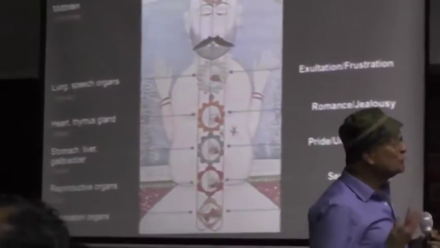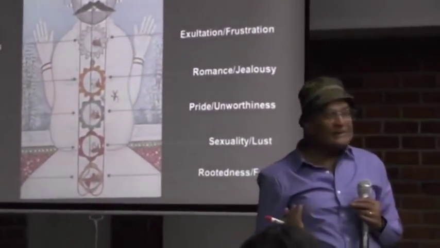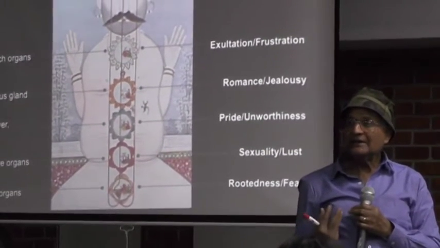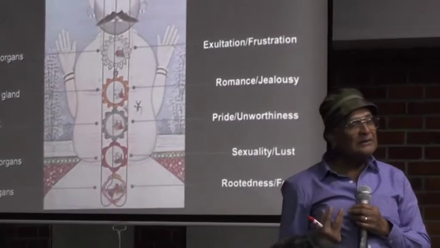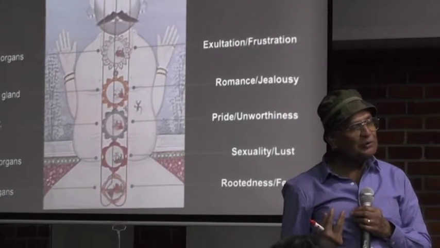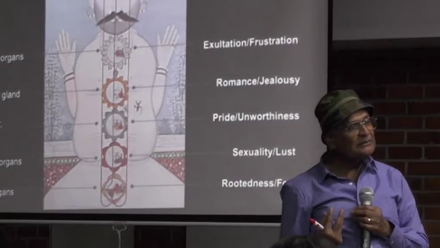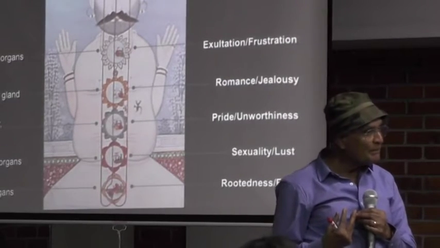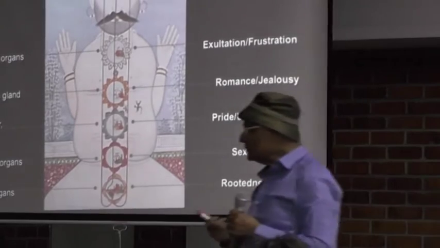Take the emotions connected with that, the low chakra emotions, like the anus, rootedness. If these organs are connected with rootedness and groundedness, then if we are not feeling rooted, what will be the feeling that I'll experience? I'll experience fear.